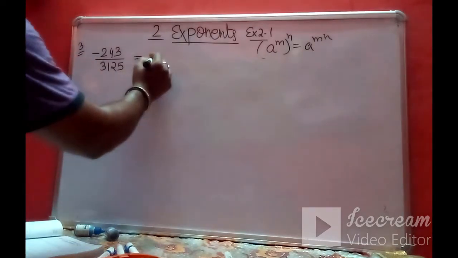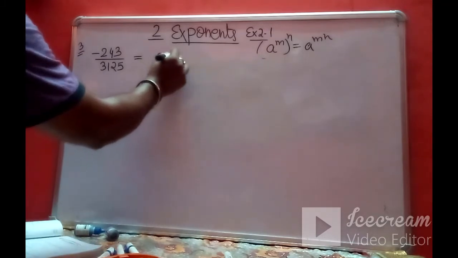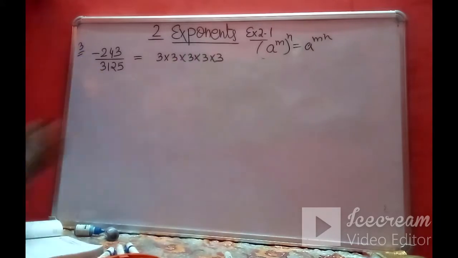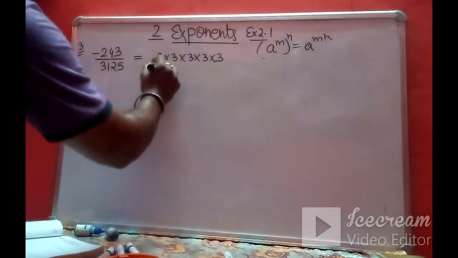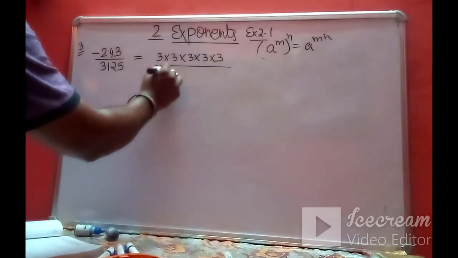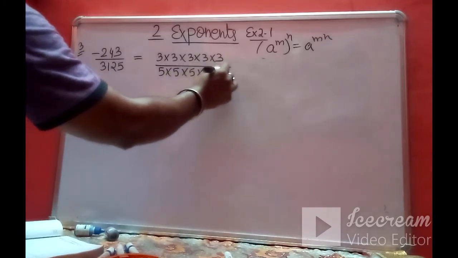So like this we will do the prime factorization. 243 can be written as 3 into 3 into 3 into 3 into 3. Then 3125, we will do the prime factorization. So it is 5 into 5 into 5 into 5 into 5.